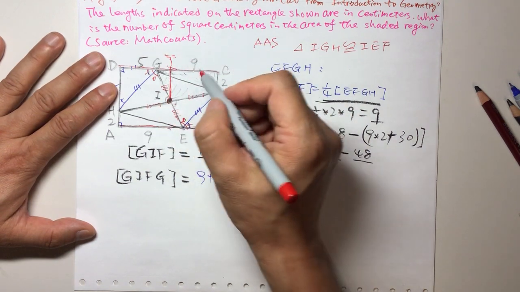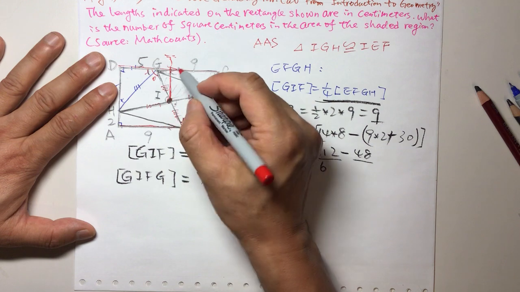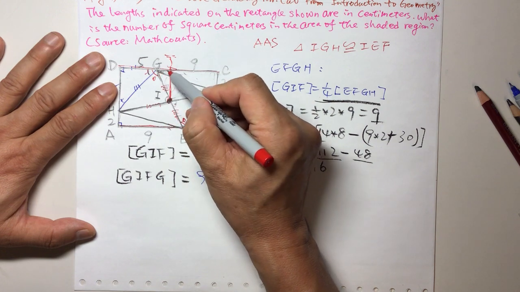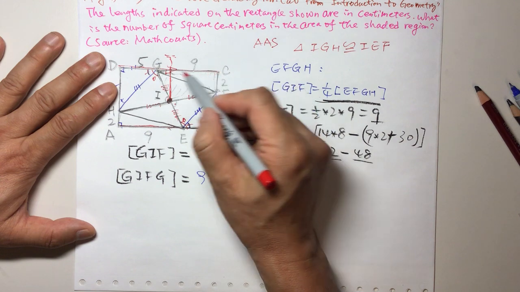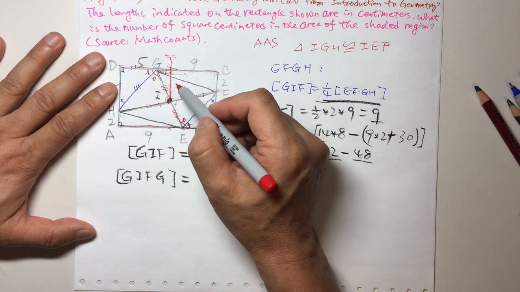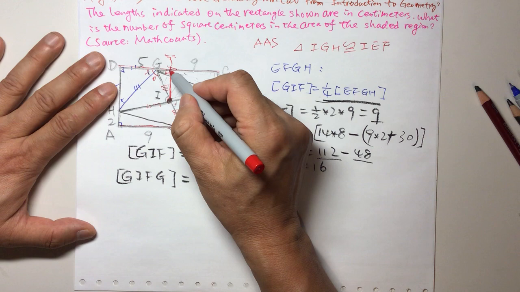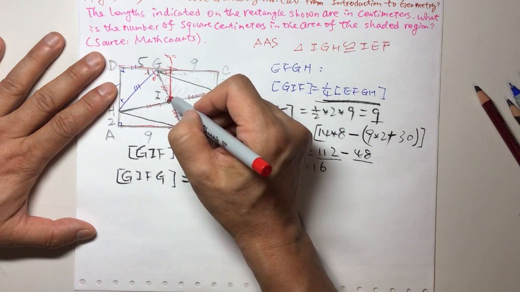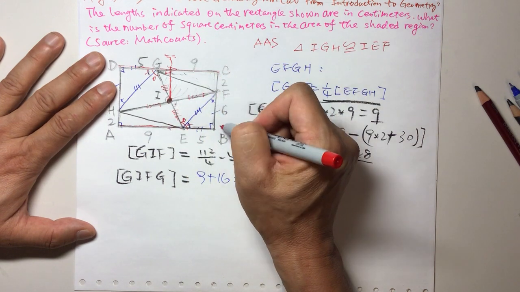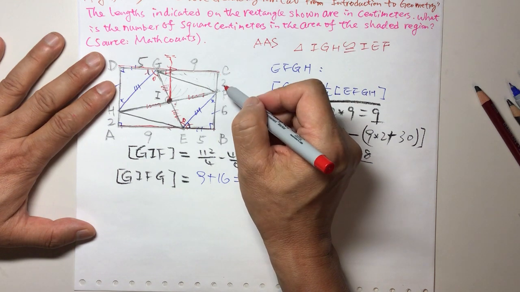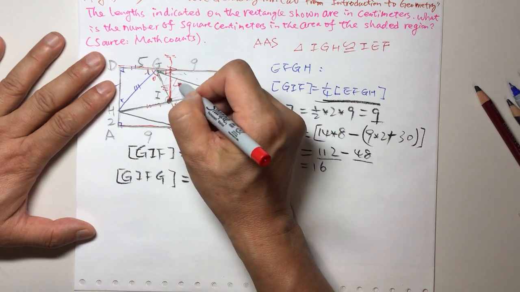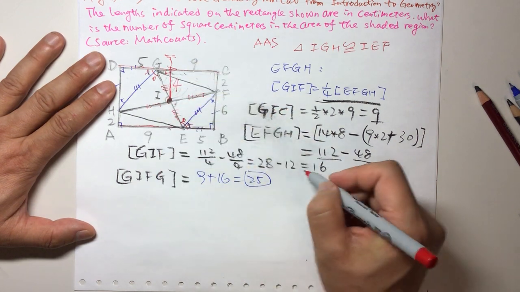We know the area, we can get this part, this right triangle, plus this is a trapezoid. So IJ is how much? IJ is 1/2 of this CB. So that's 8, so this is 4. I mean IJ is 4.